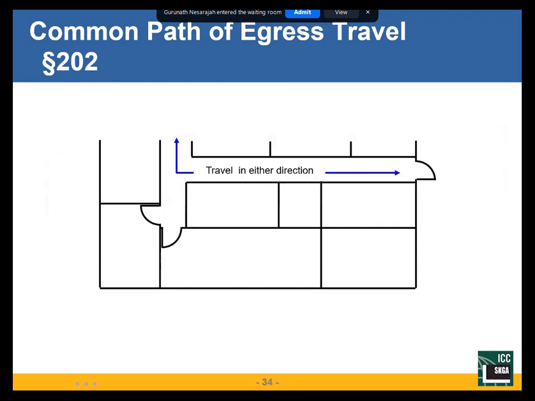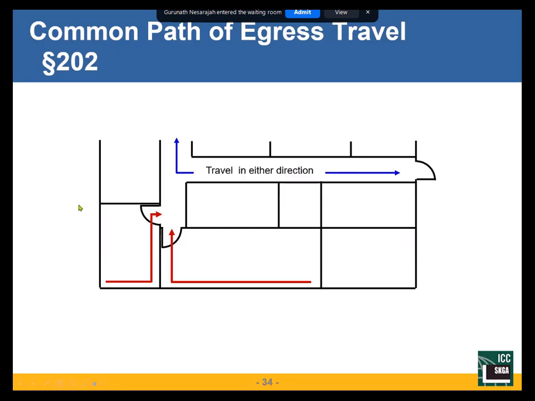So here's an example. Common path of travel. I've got 2 rooms here with a single door. Is that okay? So I'm looking at my common path of egress travel. And let me tell you right now, that is not the way to measure.